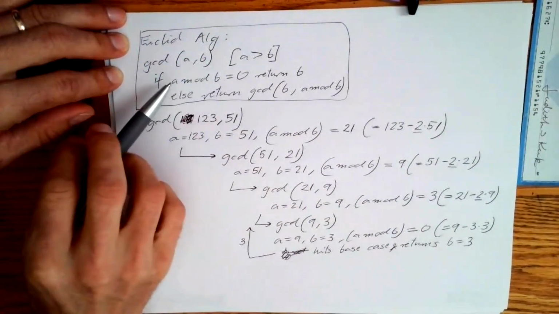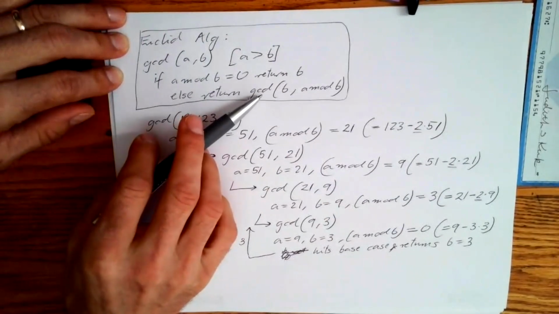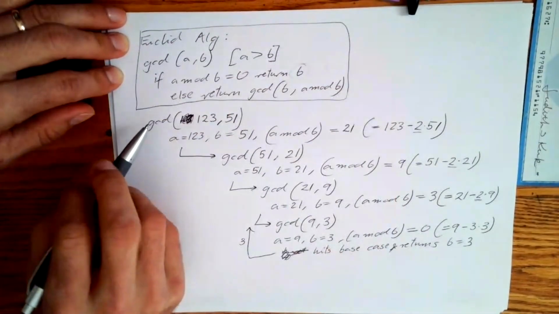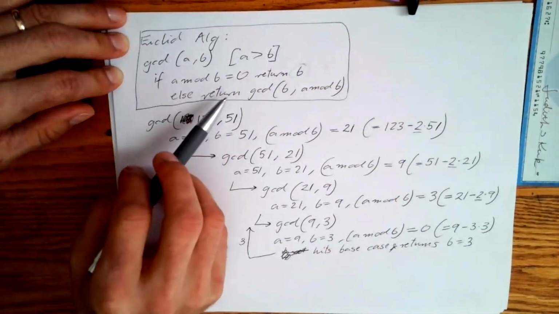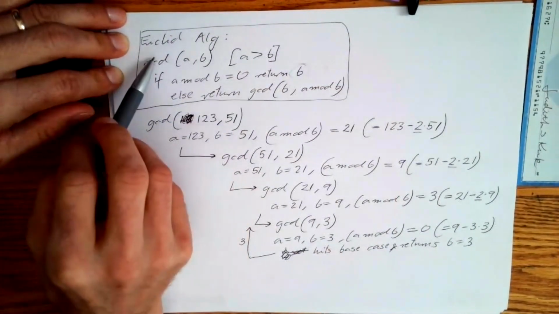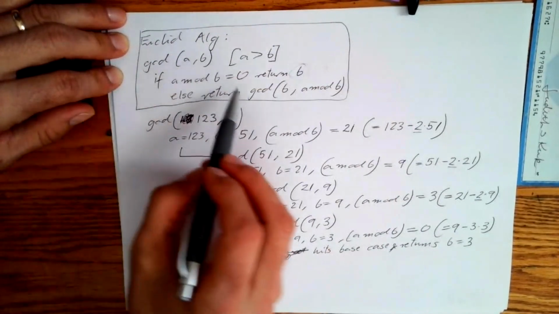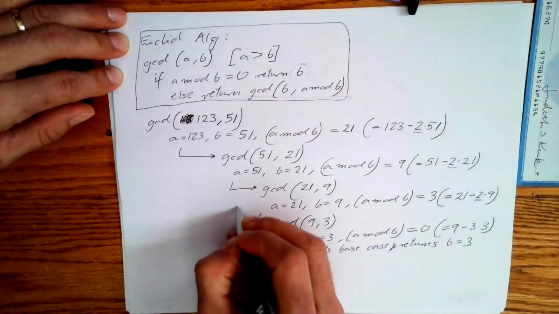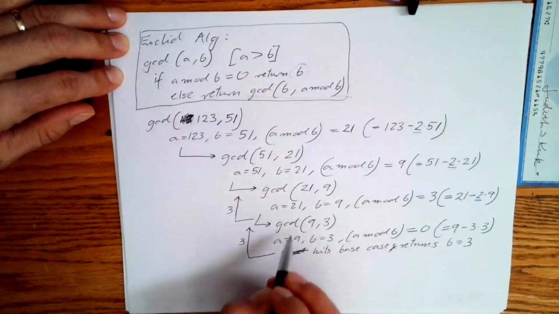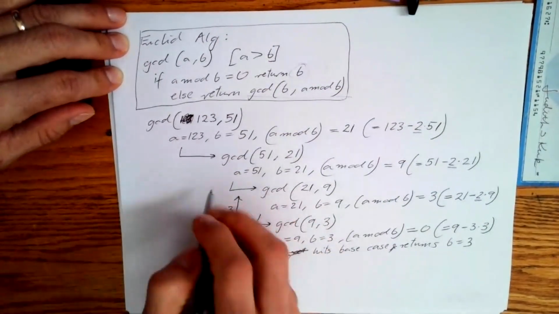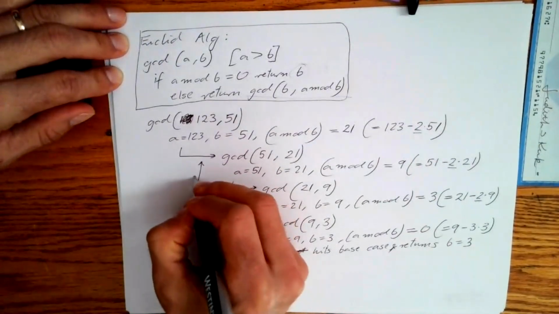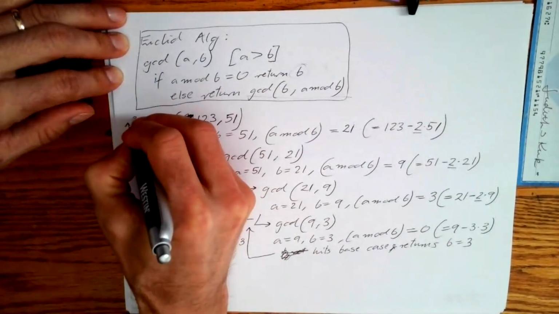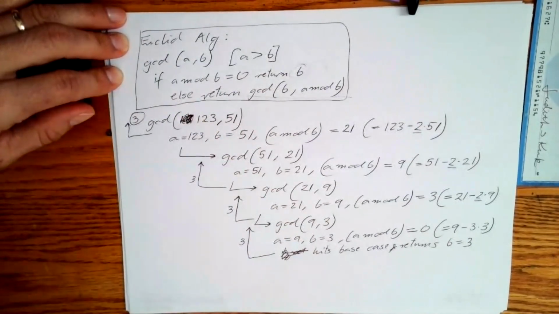And because we return B in the base case, but in all the other cases they simply pass the result along, the output of this call is the output of that call. So this 3 is just passed back from this call to here, and from this call back to here, and therefore this is going to output 3, right?